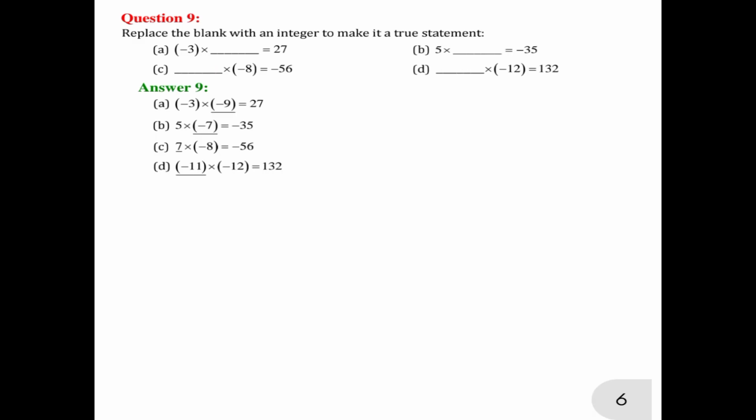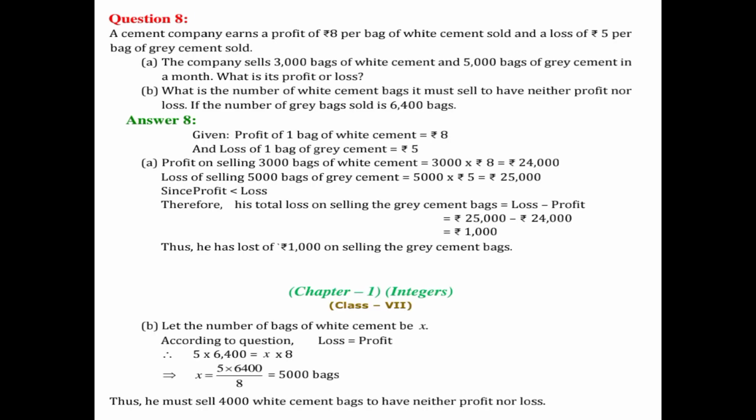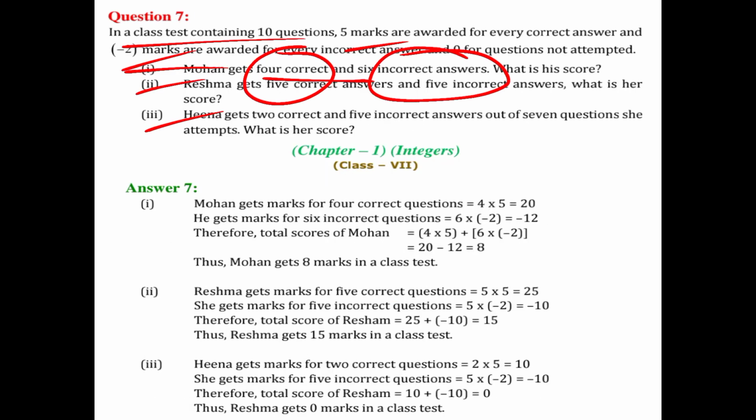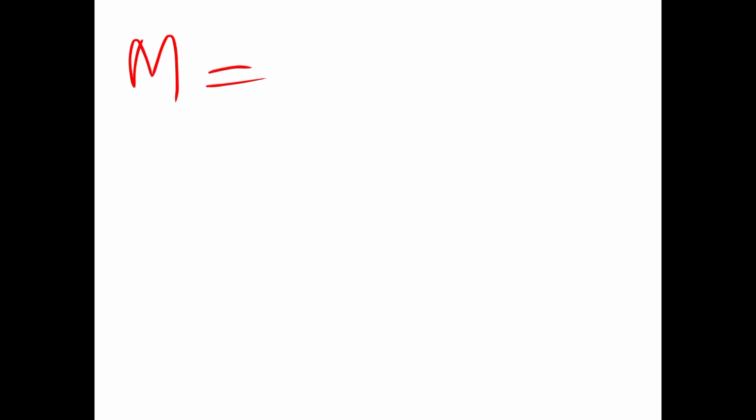So Mohan's score will be, he has attempted all the 10 questions. Out of 10 questions, 4 are correct and 6 are incorrect. 4 are correct, and for every correct answer 5 marks are given.